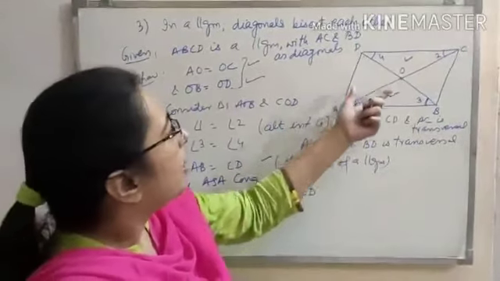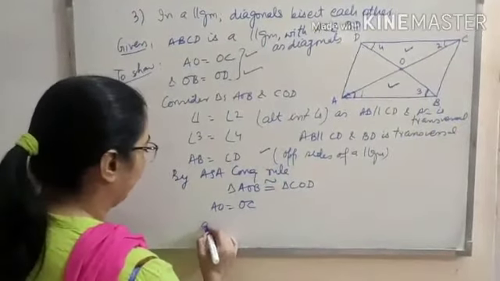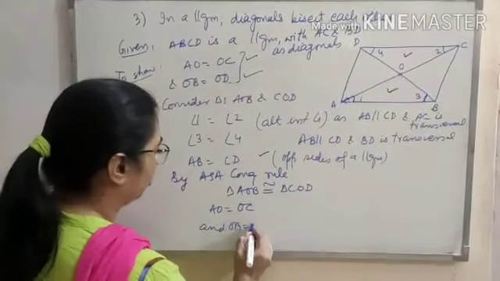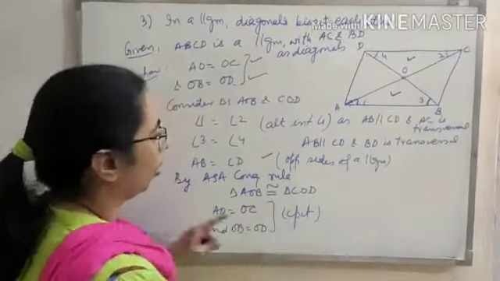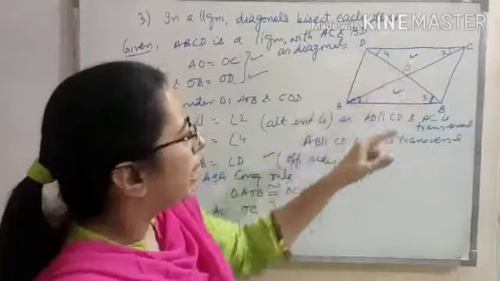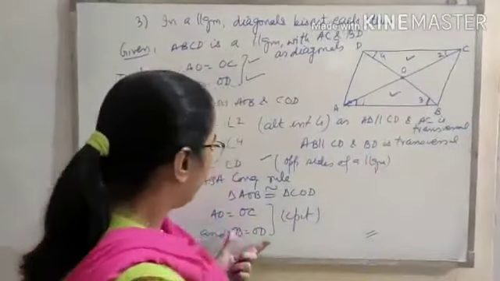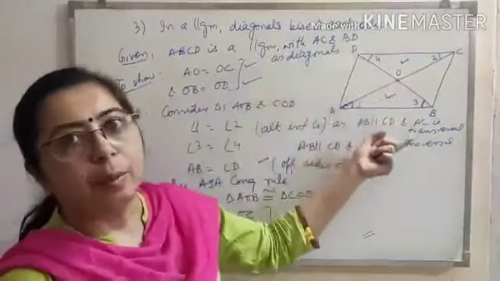And when the triangles are congruent, it means AO is equal to OC and OB is equal to OD by CPCT, corresponding parts of congruent triangles. Hence, AO is equal to OC, OB is equal to OD, diagonals bisect each other.